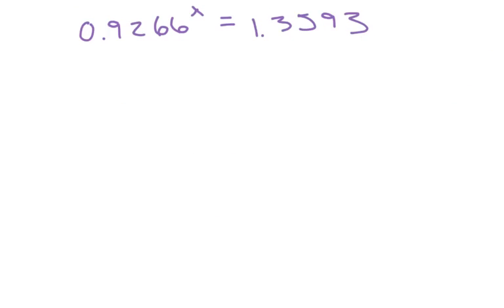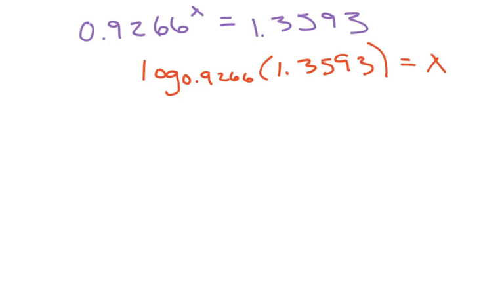And so then we can rewrite this as logs so that we can solve. So if we rewrite it as log base 0.9266 of 1.3593, that's going to equal x. And so we can solve for our x, or years.